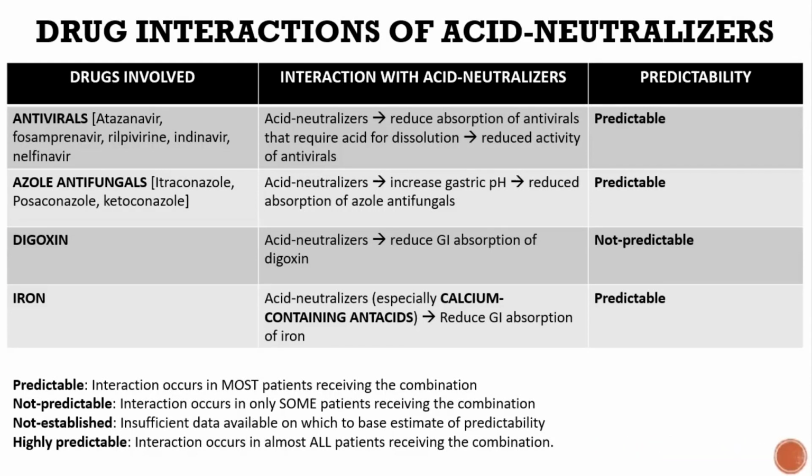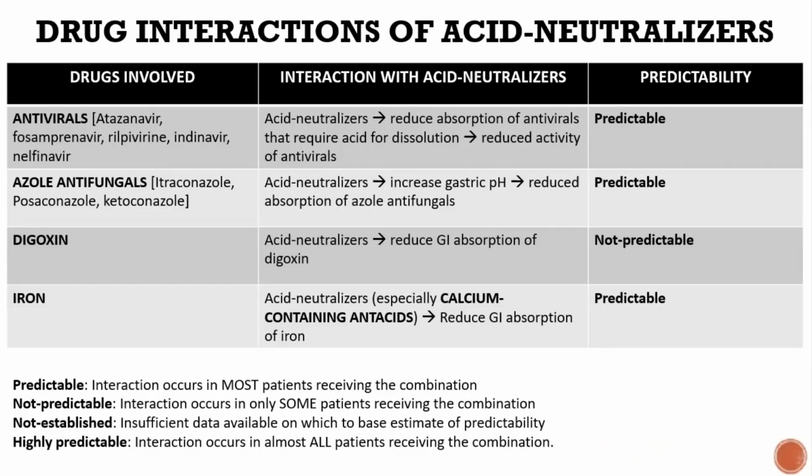There is another interaction, that is acid neutralizers with digoxin. As you know, digoxin is a very dangerous medicine. It is a medicine that requires therapeutic drug monitoring. So acid neutralizers usually reduce the GI absorption of digoxin, because digoxin usually requires an acidic medium.